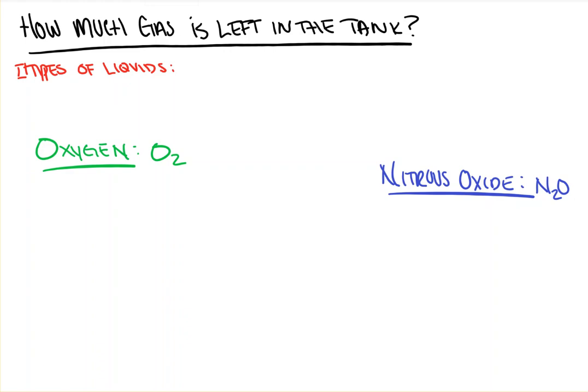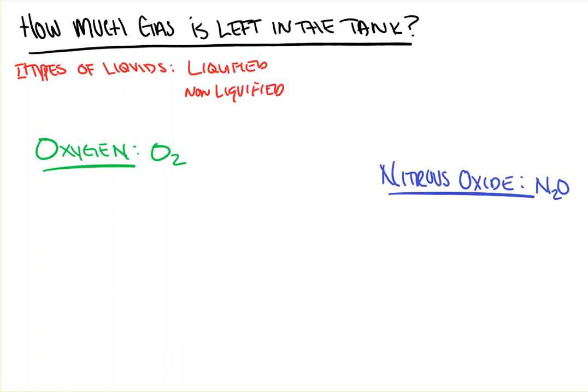Now, before getting into specifics, we first need to understand the difference between the types of gases that we store in our cylinders. There are two types, and they're referred to as liquefied and non-liquefied gases.